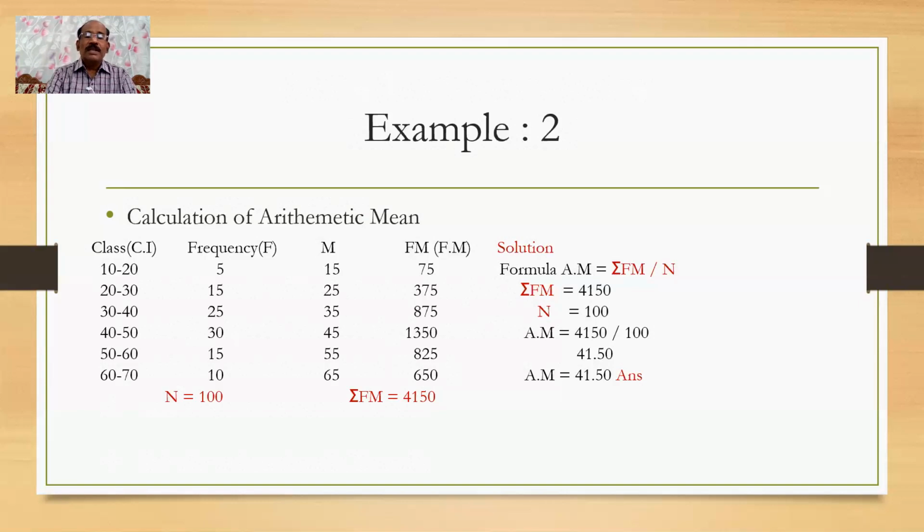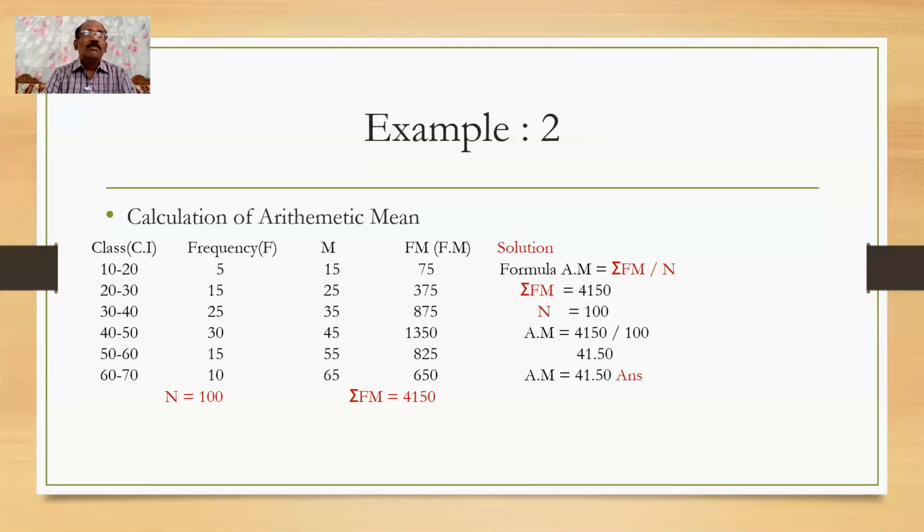Here frequencies are given, but the m value is not given. So what you have to do, you have to find the m value first. Now, the steps what I told, first you have to find out the m value.